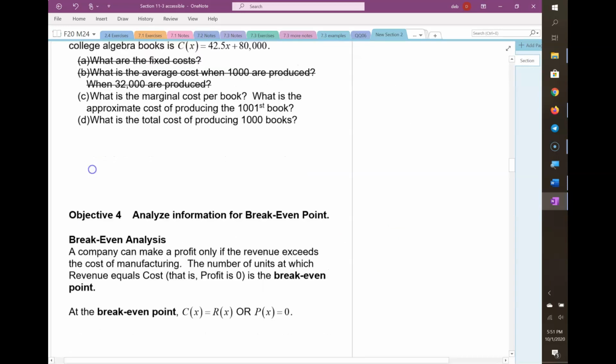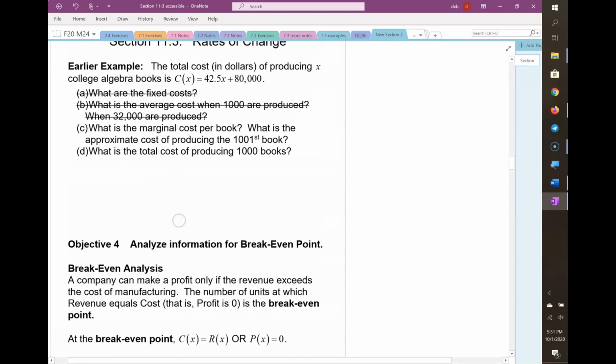Okay, so let's look back at this example where we had a linear function, and remember a linear function is any one that can be written as y equals mx plus b. Do you see that this looks like a y equals mx plus b problem where y and C of x are interchangeable? Then we have a slope of 42.5 and a y-intercept of 80,000. So this is a linear cost function.